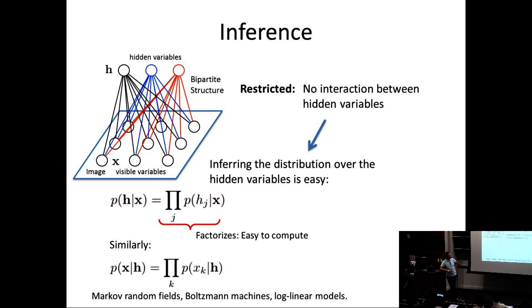Notice that there are no interactions between hidden variables. And according to undirected graphical models, if you look at the Markov blanket, you can say the posterior over the hidden states, given the data, factorizes. And you can just read it off from the Markov blanket assumption, right?